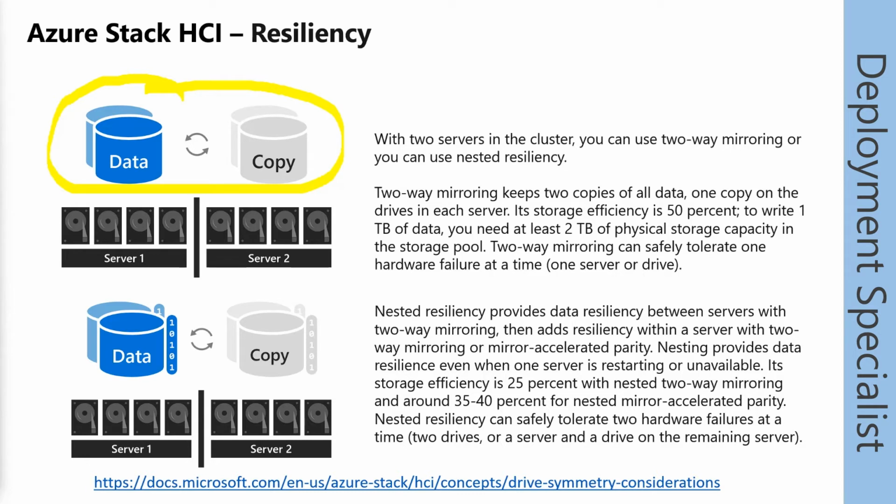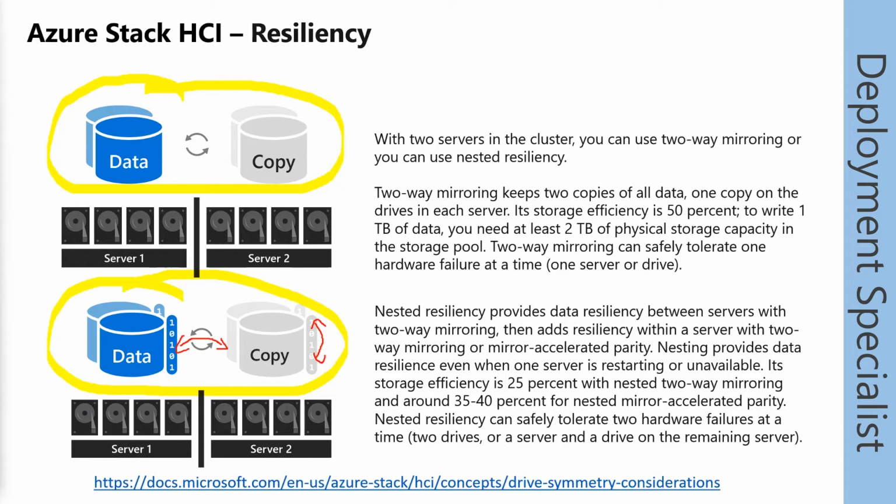This is the reason why I would recommend to you to always use nested resiliency in a two-way configuration. In this nested resiliency, we have a data copy across the servers, and additionally, we have a local copy of each extent. So this means 2 copies of each extent locally and 2 on the other servers. So 4 copies for each extent.